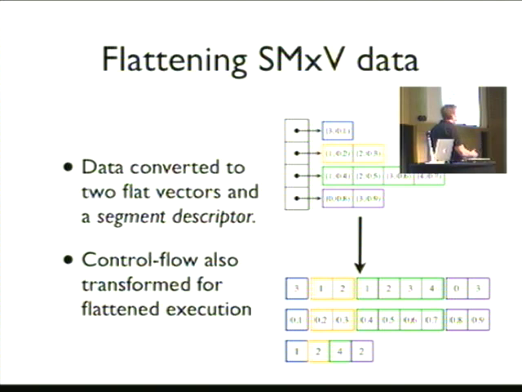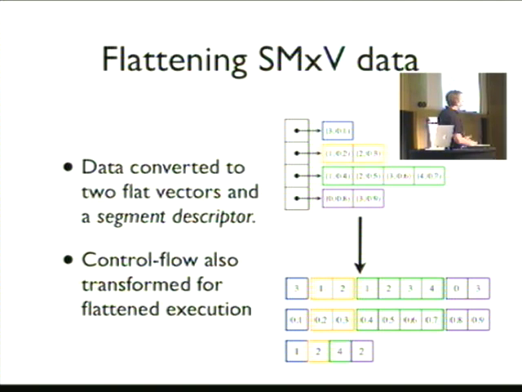So how does this transformation actually work? How do we stick with these nice short programs? Well, first we transform all of the data. So we take that sparse matrix that we had before, and we untuple all of the elements. So now you've got two flat vectors, one that has all of the column indices, and that's the top flat vector there, and one that has all of our data values. And then we introduce a third vector called the segment descriptor.